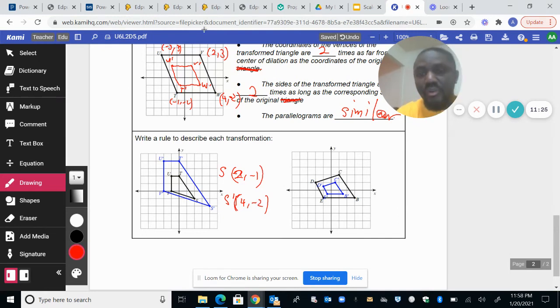So how do we move from S to S prime? As we can see, it's as if we multiply each element of S by 2. So here we can say (x, y) has been transformed to (2x, 2y). So here our scale factor is 2.